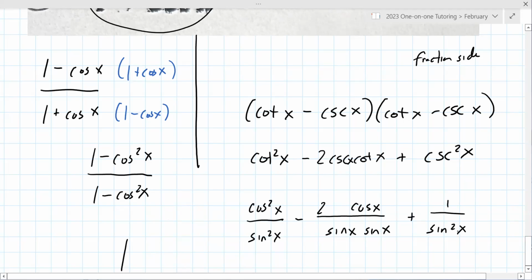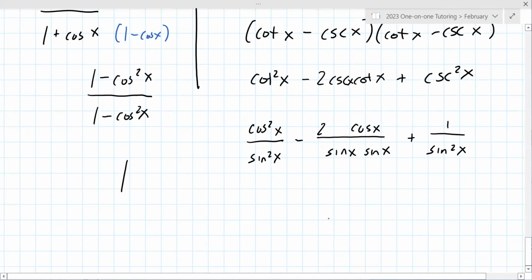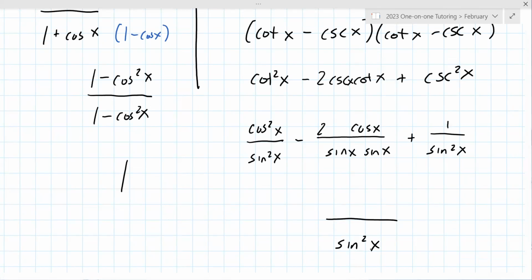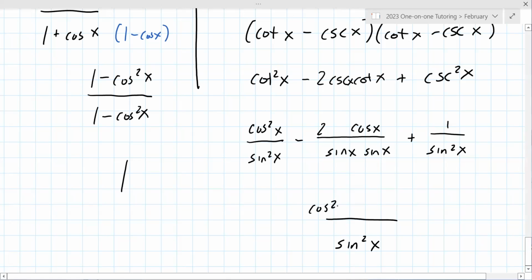So they actually all have the same bottom, which is nice because you can make everything over sine squared x. So this becomes cosine squared x minus 2 cosine x plus 1 in the numerator.